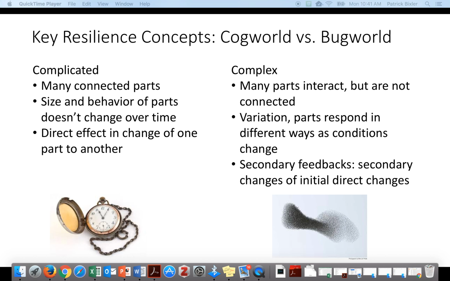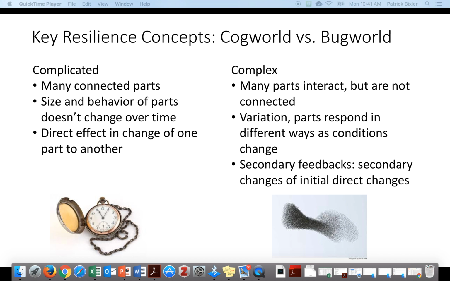The book this week talks about Cog World versus Bug World. This was a really good and interesting case. And it really articulates the difference between complicated and complex adaptive systems. Systems can be complicated.